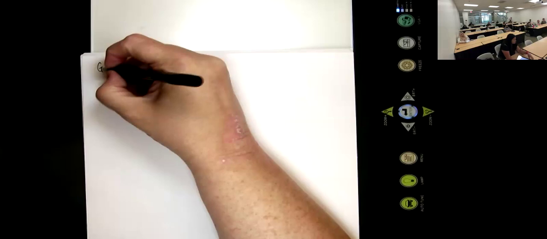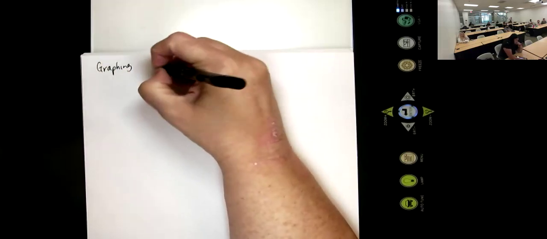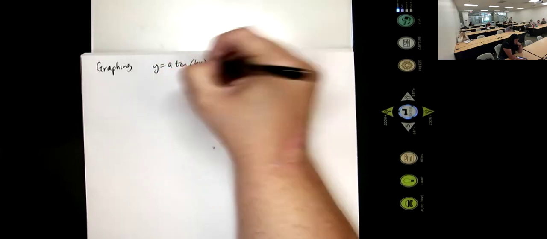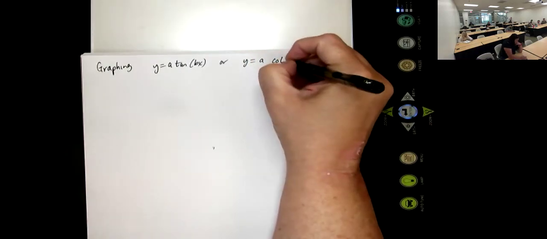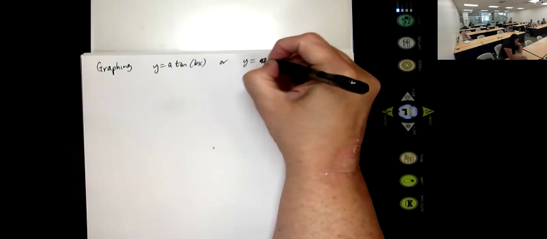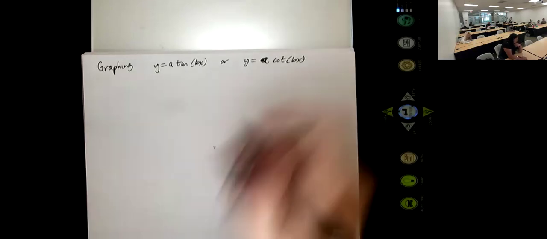So, graphing. Graphing y equals a tangent of bx or y equals a cotangent of bx, assuming b is greater than 0.